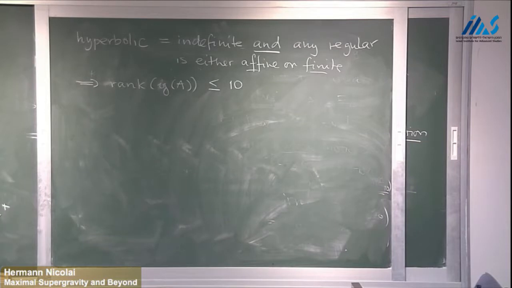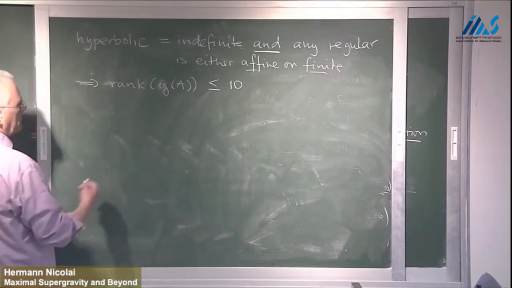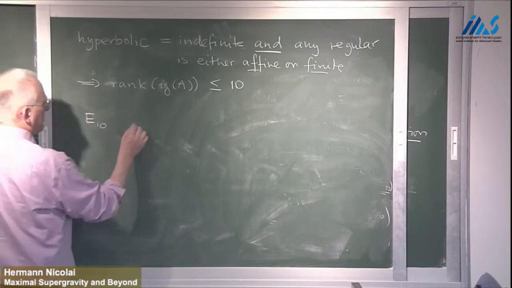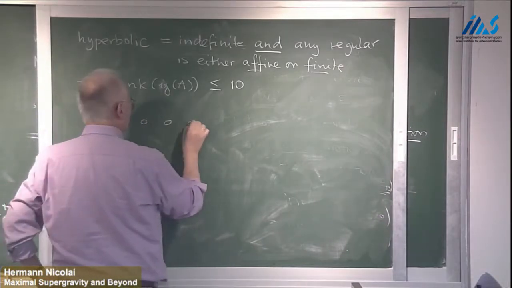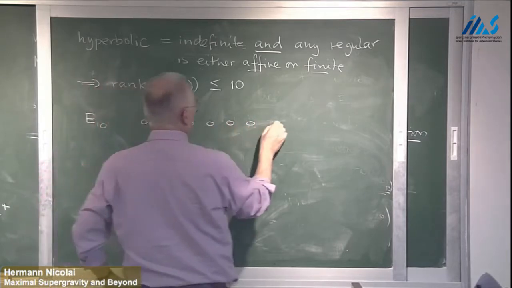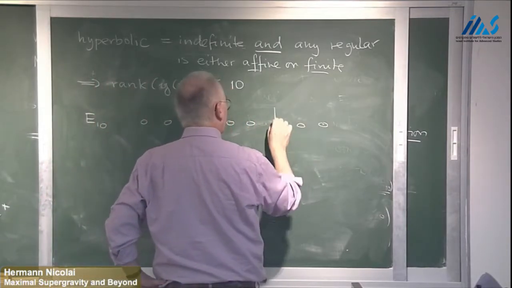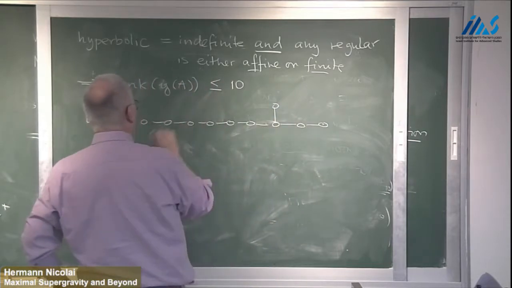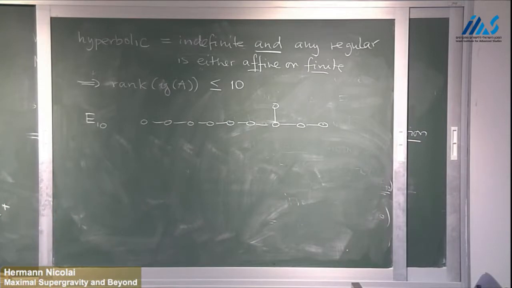So now you can classify these things, and there's something called E10, which is simply the following Dynkin diagram: 4, 5, 6, 7, 8, 9. That's one.